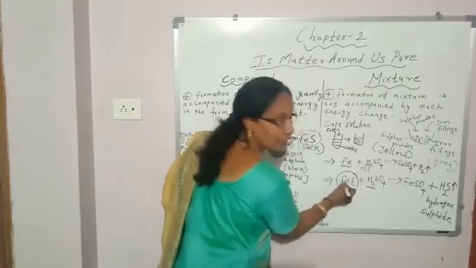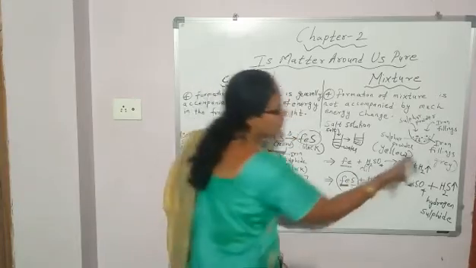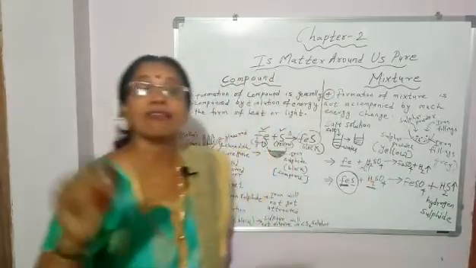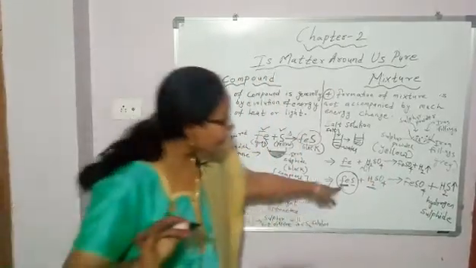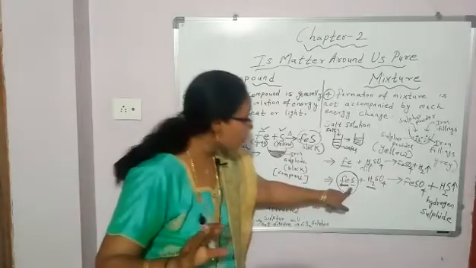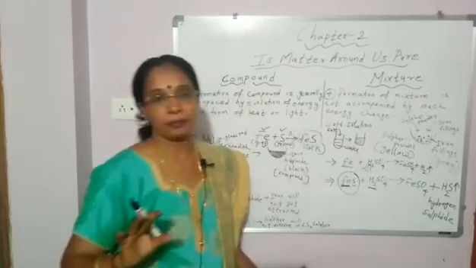Because to iron sulfide, when you add sulfuric acid, in place of hydrogen gas, hydrogen sulfide gas is evolved. So this compound has totally different properties. Compound does not show the property of its constituent.